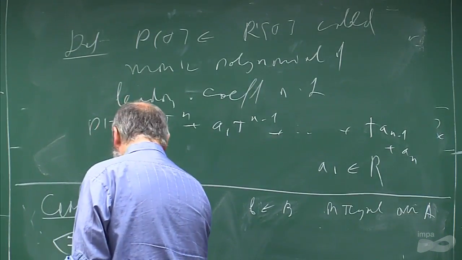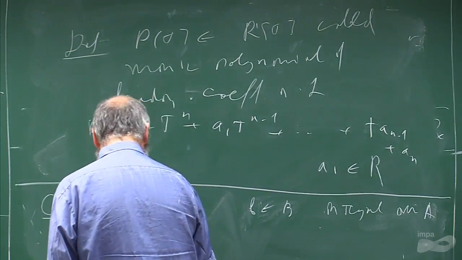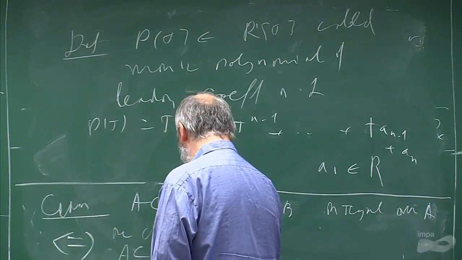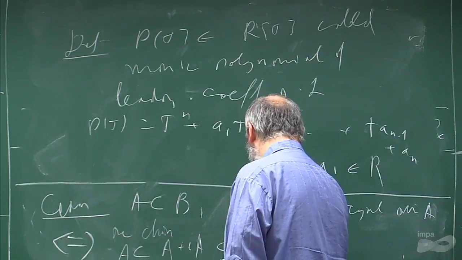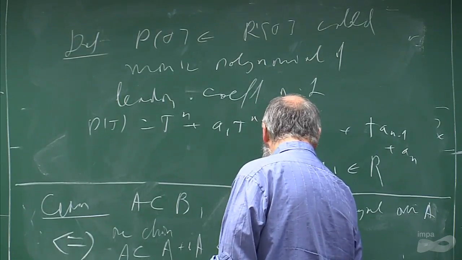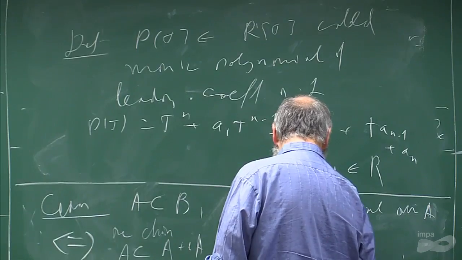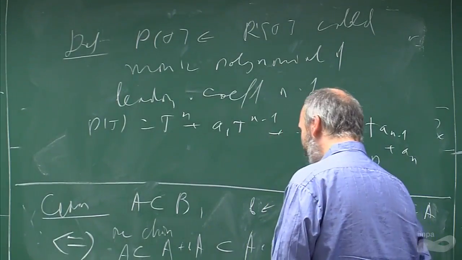You have A, which is contained in A plus bA, which is contained in A plus bA plus b squared A, and so on, terminates.